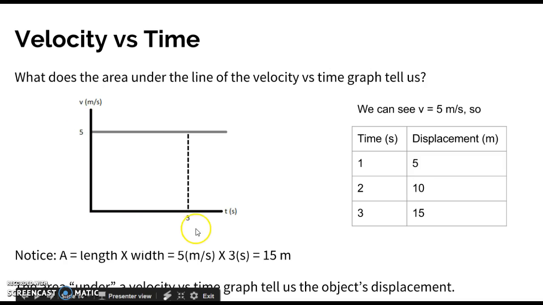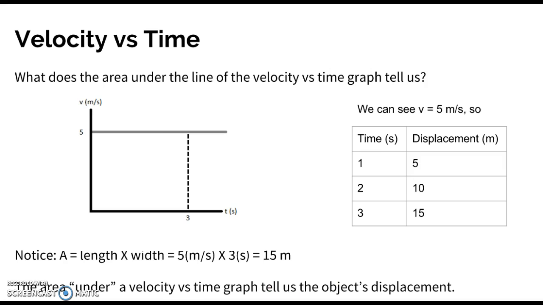Our width is going to be 3 seconds. So we find the area, that's going to be this region here. It's going to be 5 meters per second multiplied by 3 seconds, and that gives us a value of 15 meters. So that was pretty cool. The area under our velocity versus time graph tells us the object's displacement. So we can calculate displacement by calculating the area of this graph.